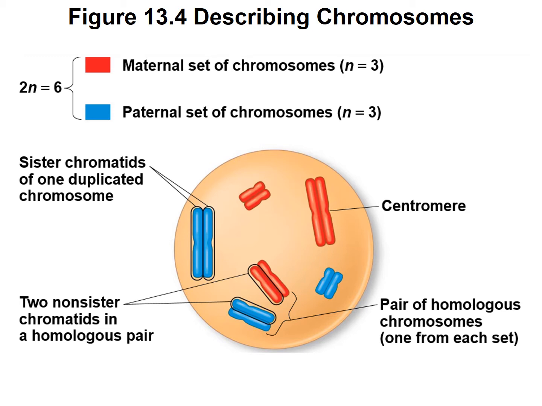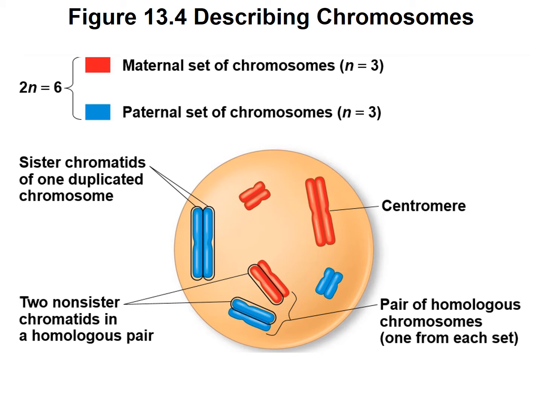Together, one maternal and one paternal chromatid in a pair of homologous chromosomes are called non-sister chromatids. So this terminology is important to get straight. On the left-hand side, you see where it says sister chromatids of one duplicated chromosome. So initially say this was a father's chromosome number 1, it duplicated. Now there's 2 chromatids for his number 1 chromosome.